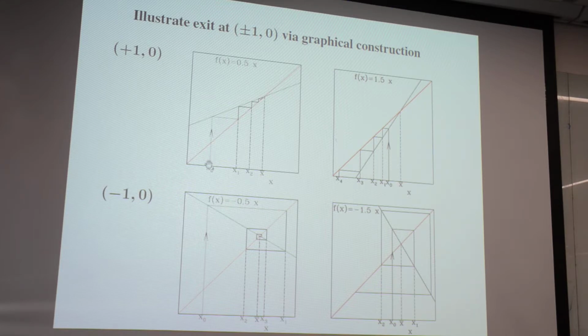So this is what you do to iterate. You go to f of x here, and now you go across. You don't even really have to go down to the axis. What you have to do is go back to the function to get f of x1, and then across, and then f of x2, and then across, and so on.